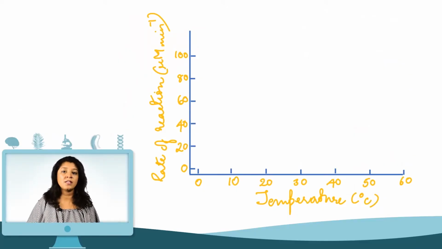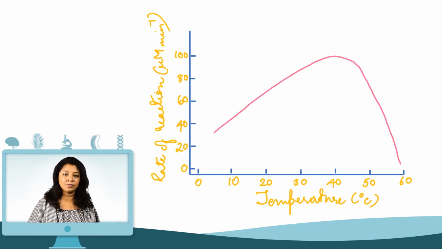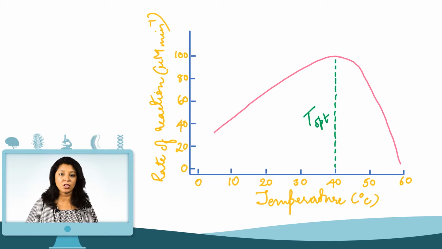Okay, so what are the factors that break chemical bonds? Yes, heat. Heat can break the bonds that keep the enzyme structure intact. So if we plot temperature against enzyme activity, we get a bell curve, with the highest activity level being shown at optimum temperature. And as we move away from the optimum on either side, the activity will drop.